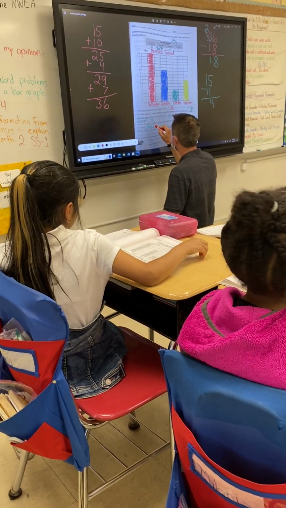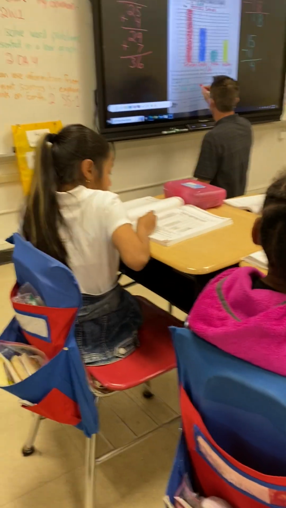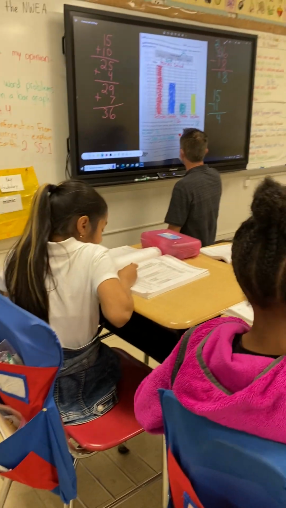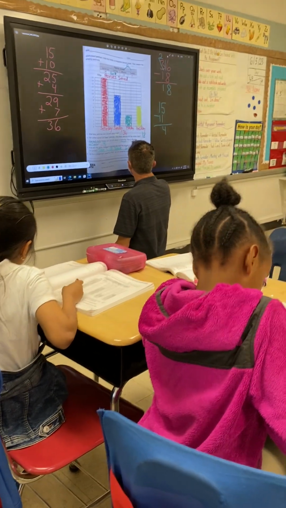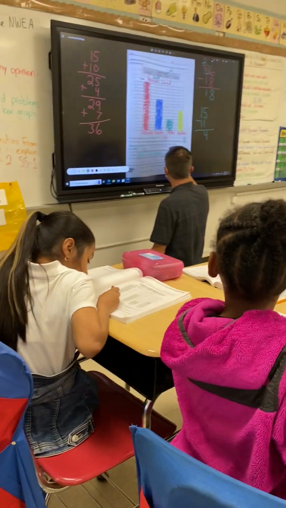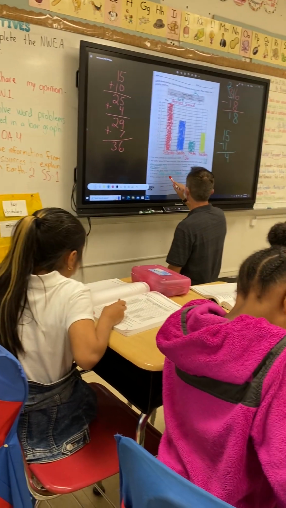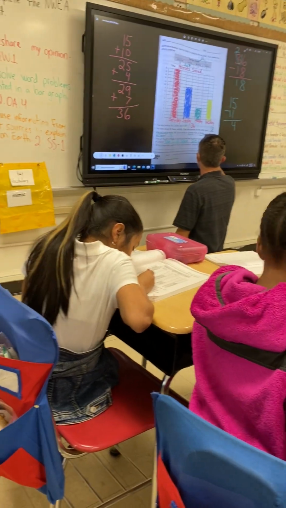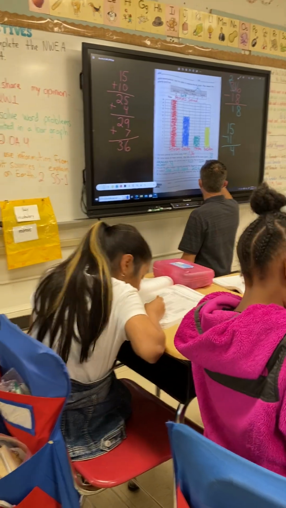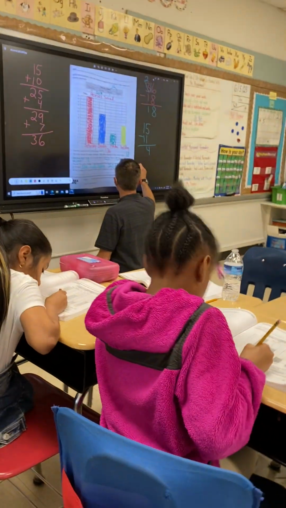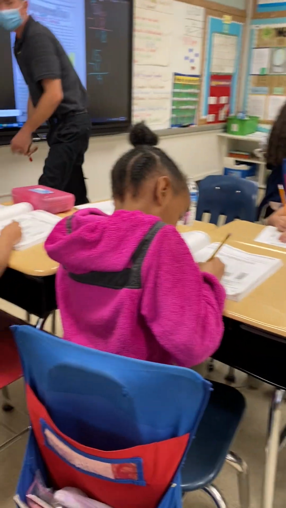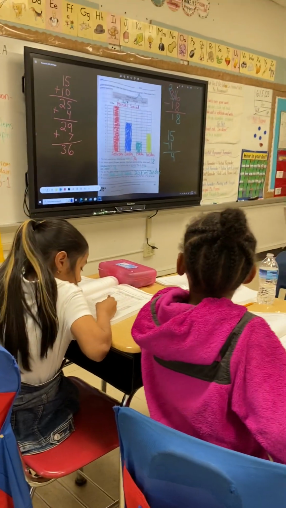The symbol for cents is like a C with a line going through it. She will save 20 cents on Sunday. That's how the data will change. Okay, copy that down. She will save 20 cents on Sunday.